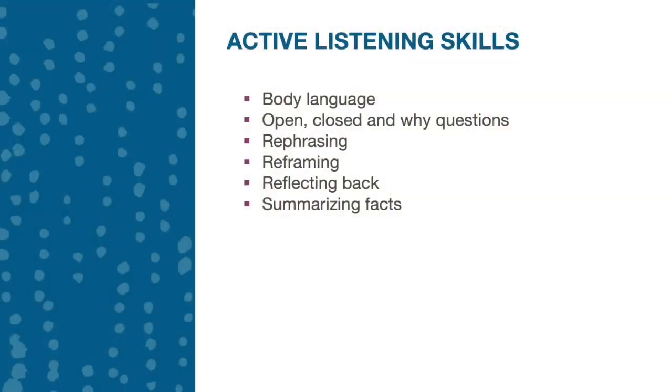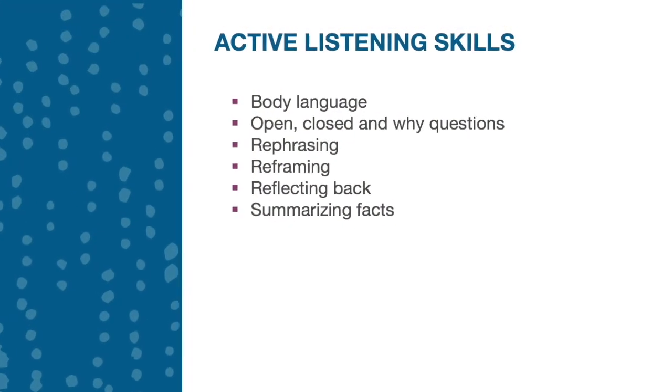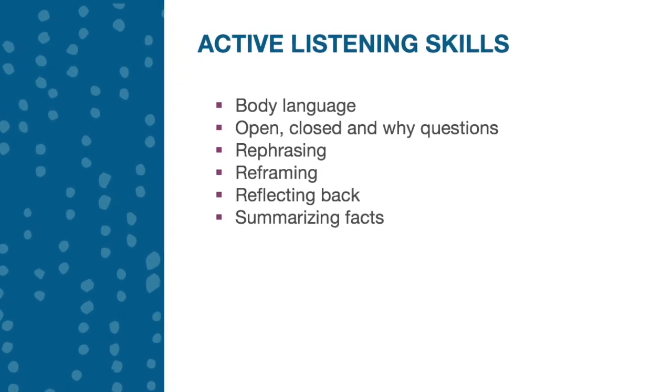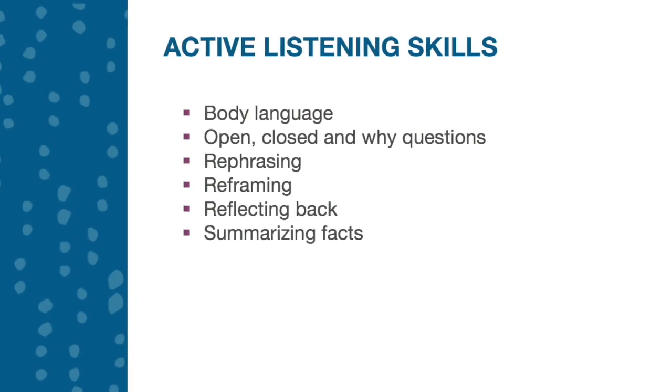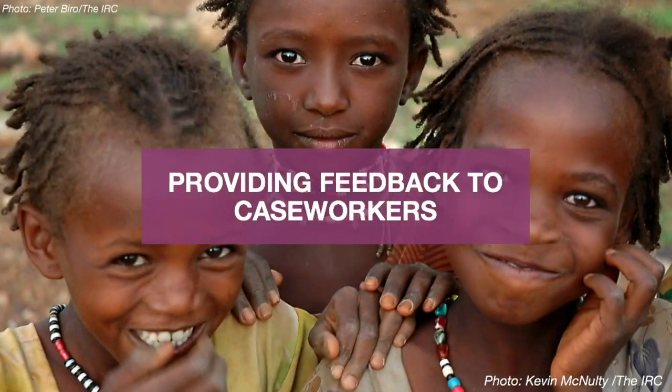How can you communicate with caseworkers in order to help build that relationship, where you're asking them open-ended questions, you're really helping them to reflect and supporting the processing of what's happening for them. Those communication skills are really foundational in order to successfully supervise caseworkers. You also have to recognize that sometimes caseworkers might make mistakes, they might need some redirection, and how do you do that in a supportive way?